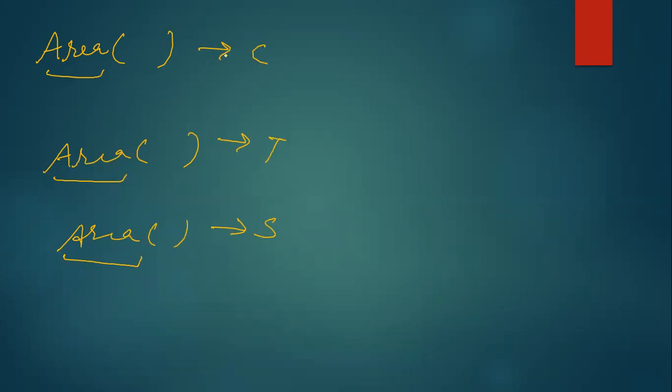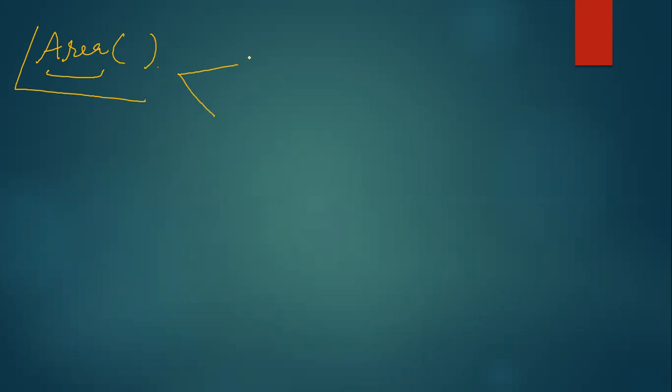So dear students, you might have a question: how will the compiler know about all these functions, or how will the compiler know this is the function for the circle? In this case, the compiler will differentiate on the basis of two conditions.